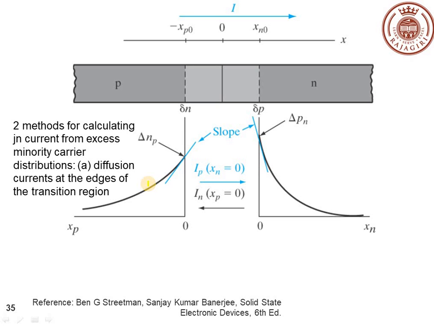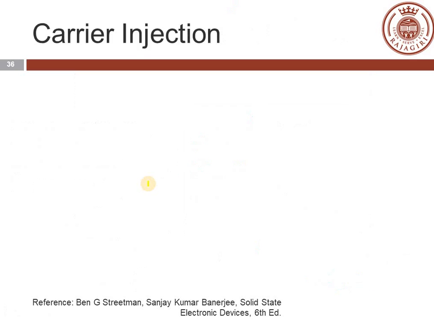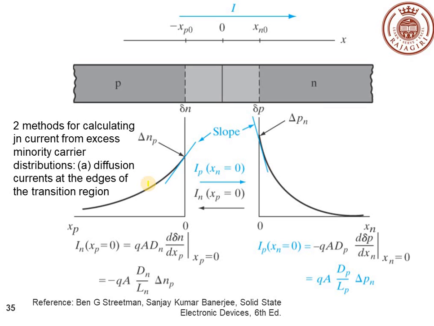Then we found the current at Xn, the distance from Xn0, and Xp, the distance from Xp0. At those two edges we found the current, or simply we found the slopes of the carrier distribution. We found In at Xp0 and Ip at Xn0, and finally we summed them. So this was the first method.